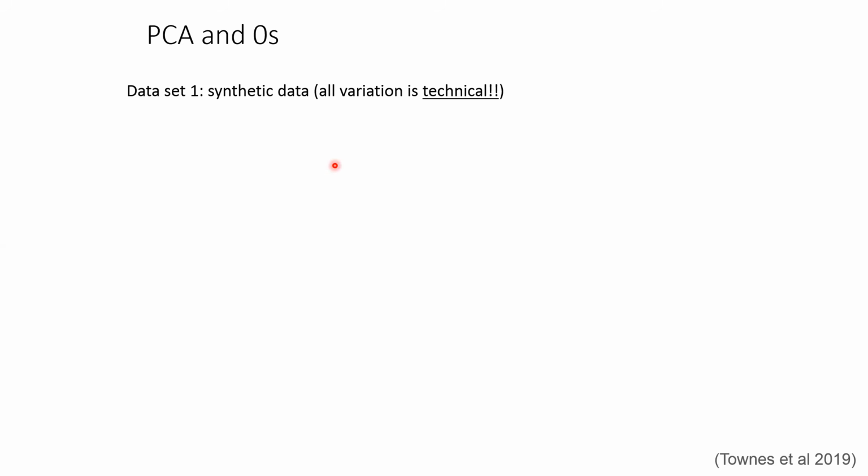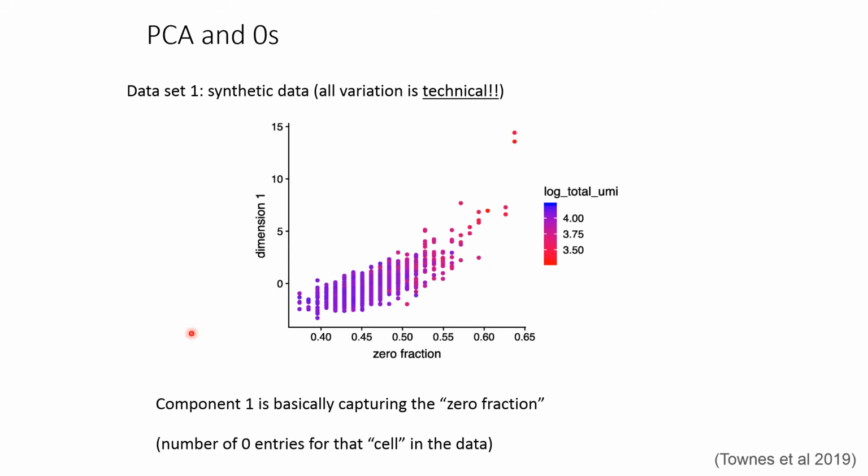And after performing quality control filtering, CPM normalization, log plus 1 transformation, and PCA, they project the ERCC count per cell data onto the first principal component and plot it against the fraction of 0 counts for each droplet or simulated cell.